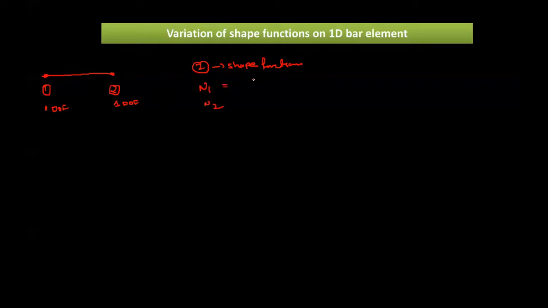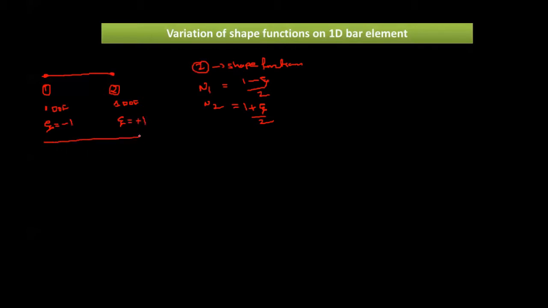In the last class we defined the shape function N1 as (1 minus zeta) by 2, and N2 as (1 plus zeta) by 2. So these are the shape function formulas. At nodal point 1, zeta is equal to minus 1, and at nodal point 2, zeta is equal to plus 1.